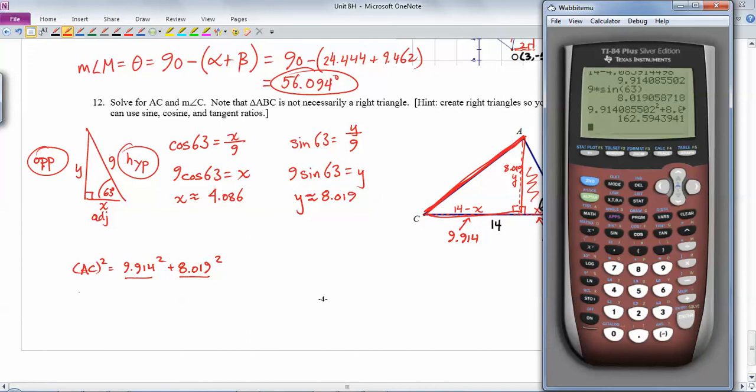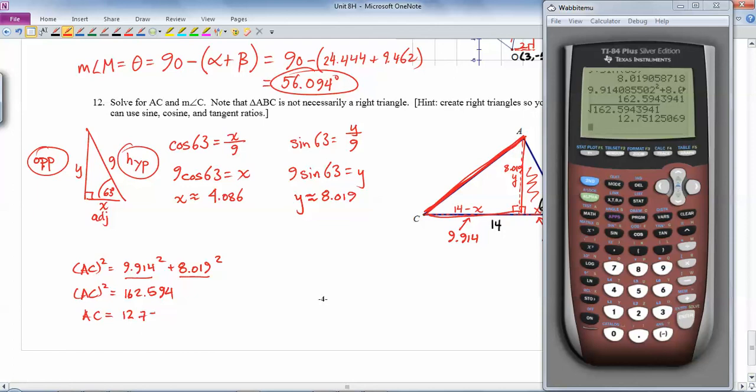So AC squared is going to be 162.594. So AC is the square root of that, so I'm going to cut and paste the previous answer. And I get 12.751. And this is the final answer, you want to round to 3 places here.